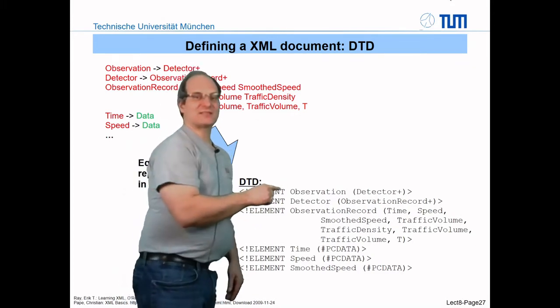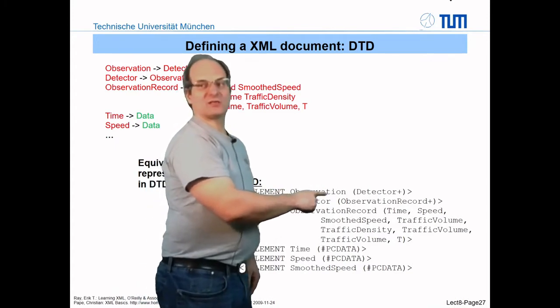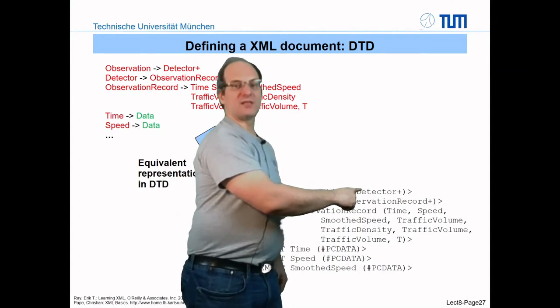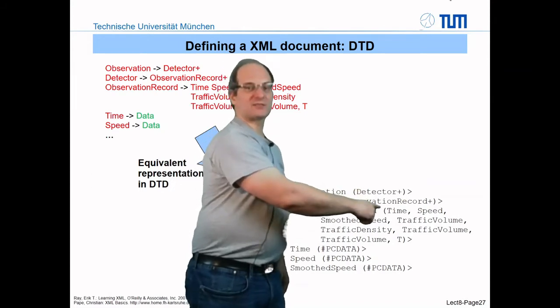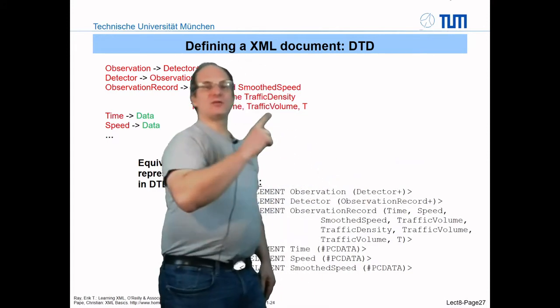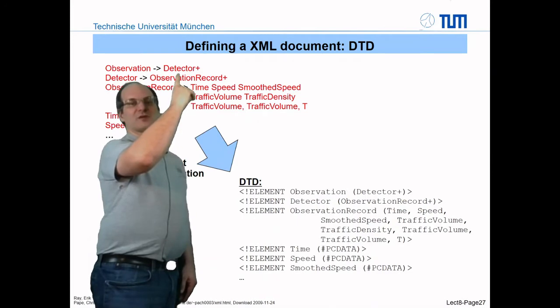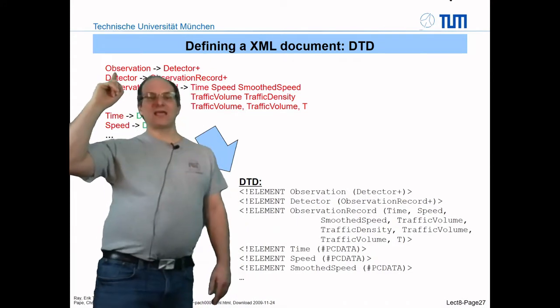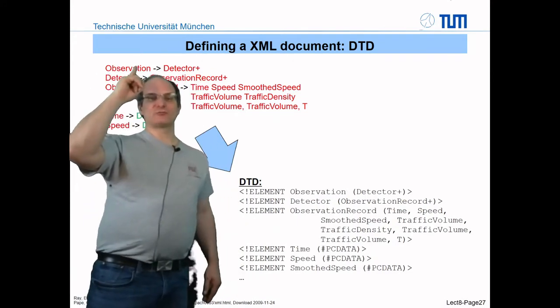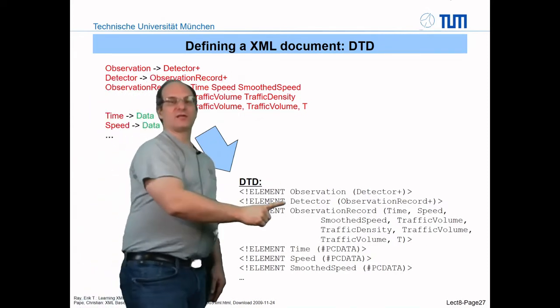This defines that now there is a rule, and the rule says that observation is built by detectors plus, so a list of detectors. Inside of the parentheses you have the right part of this rule, and the name of the rule, the thing that is replaced by the right part, is this one.